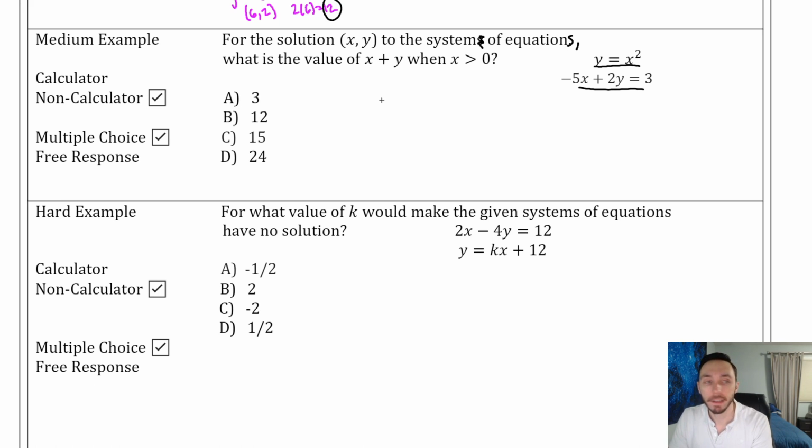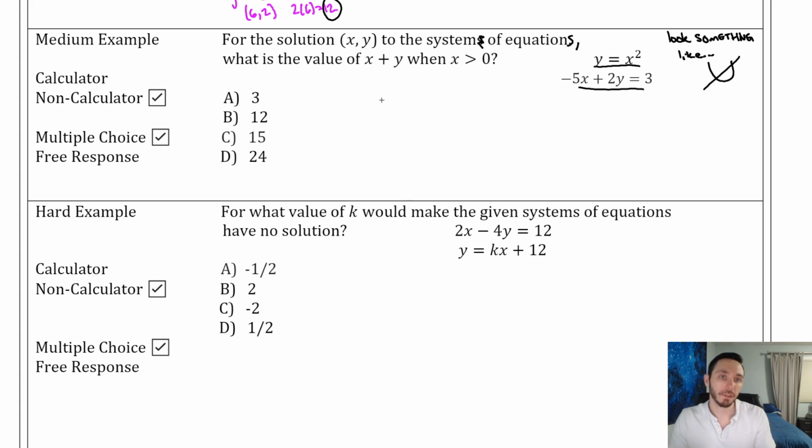So it would look something like, you got a parabola and we'd have a line going through it.